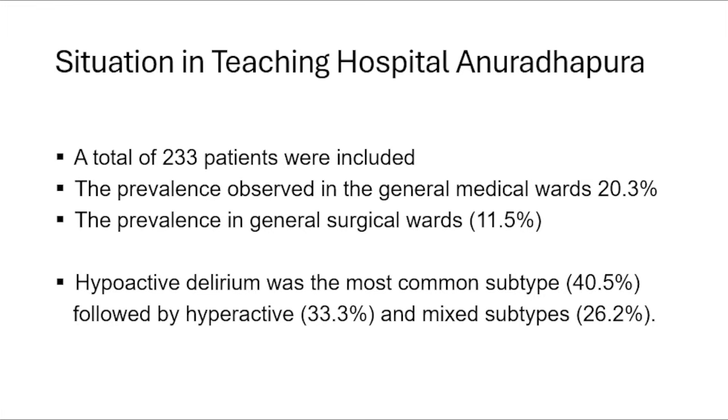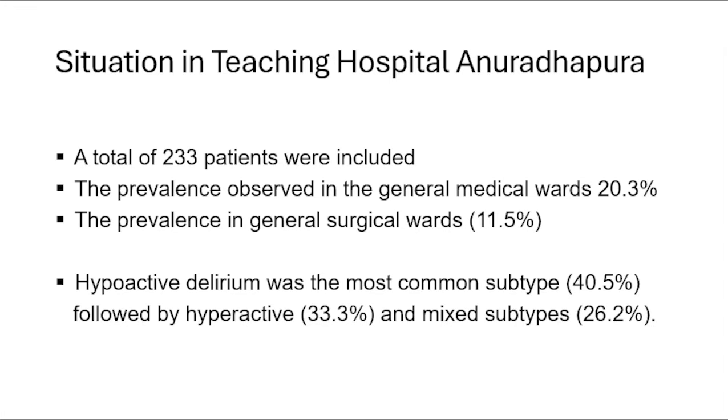We did recent research, one of the post-MD dissertations, among 233 patients in our hospital. The prevalence in medical wards is 20.3%, and the prevalence in general surgical wards is 11.5%. You can see that 1 in 5 people over the age of 60 in medical wards have delirium, so we miss quite a lot of patients with delirium.